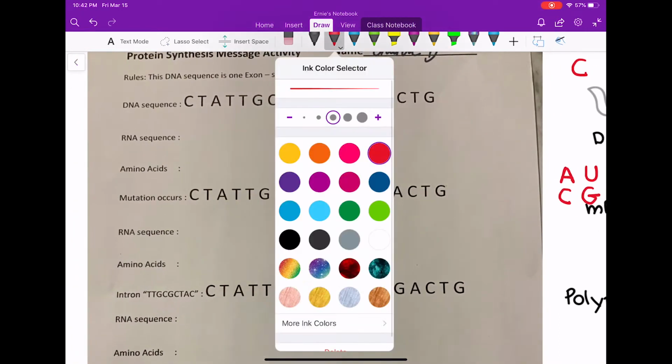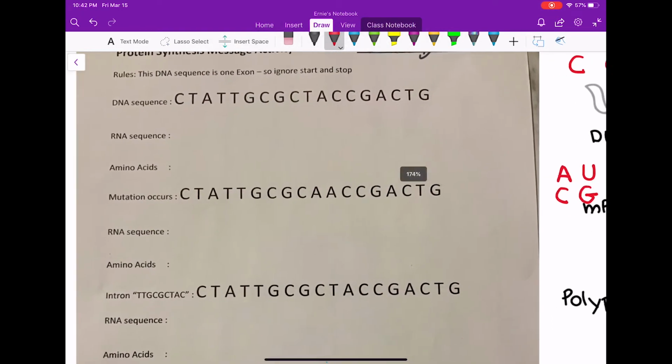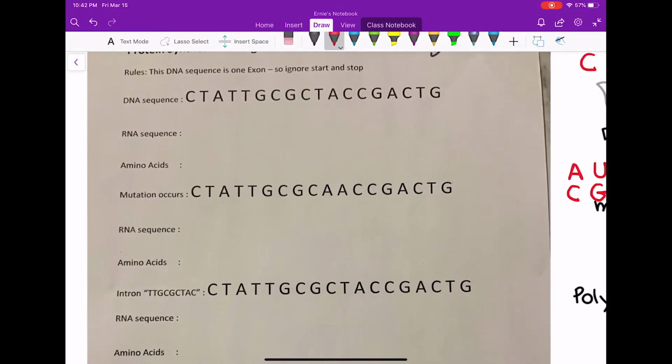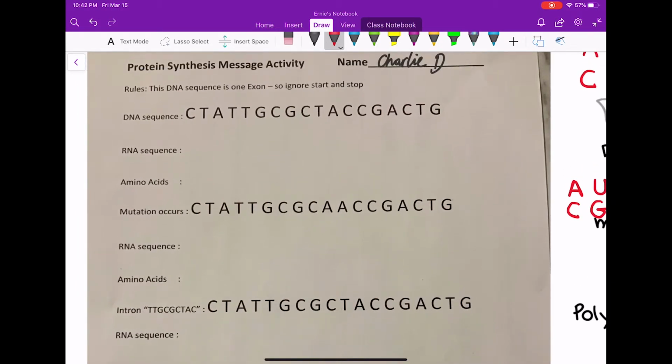So, with that information in mind, we're going to start doing this practice, right? And I think it's helpful to be able to write down our cheat sheet on the side. So I'm going to write RNA, and in RNA, we have the nucleotides A, U, C, and G, right?